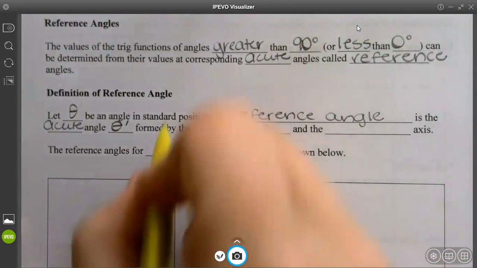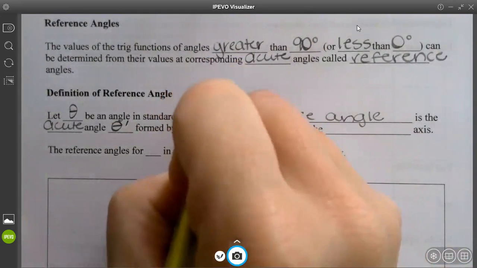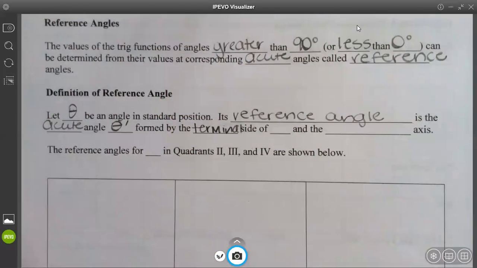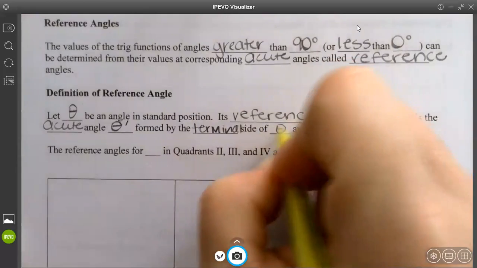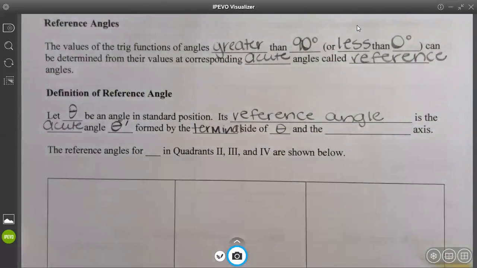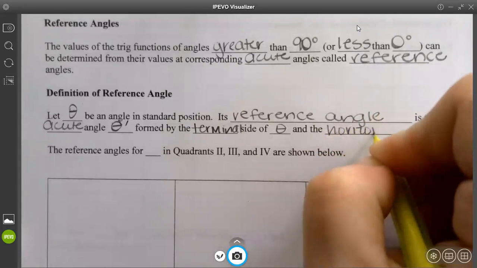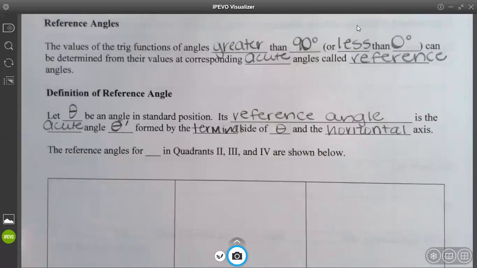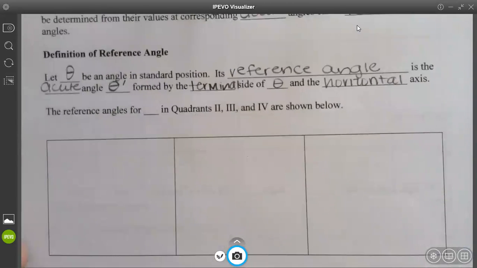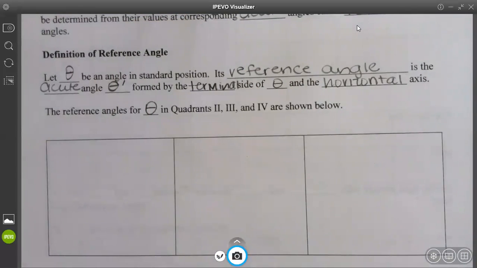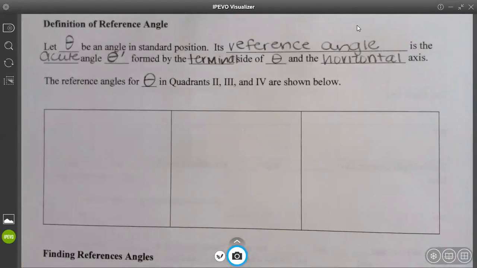Formed by the terminal side. What's terminal? The end side of theta. And the horizontal axis. Which one is the horizontal axis? The x-axis. Reference angles for theta in quadrants 2, 3, and 4 are shown below, so I'll explain them to you.